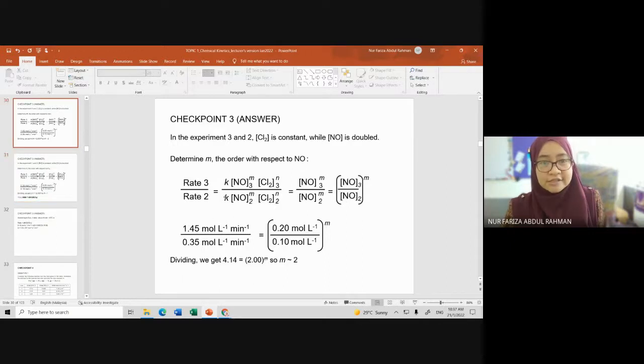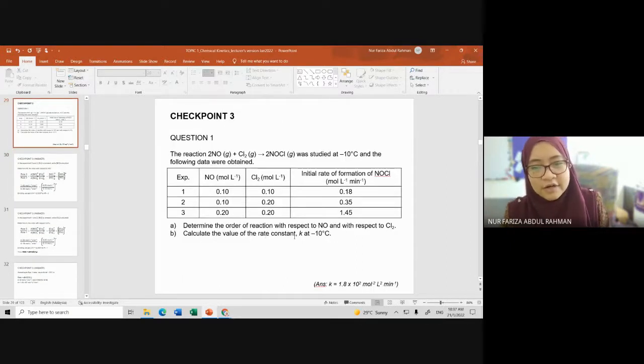Okay, the second question ni, calculate the value of the rate constant K at negative 10 degrees Celsius. So this reaction is conducted at negative 10 degrees Celsius. You nak cari K. So you ada banyak sangat data kat sini. You nak pakai yang mana? Mana-mana pun boleh.